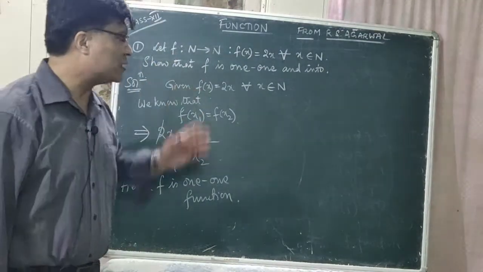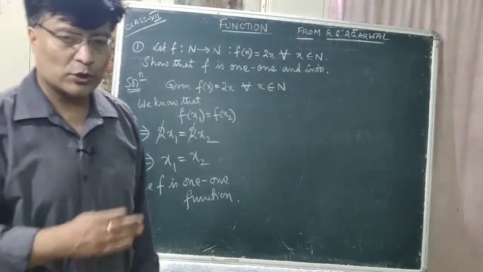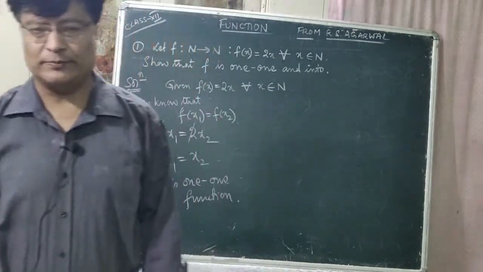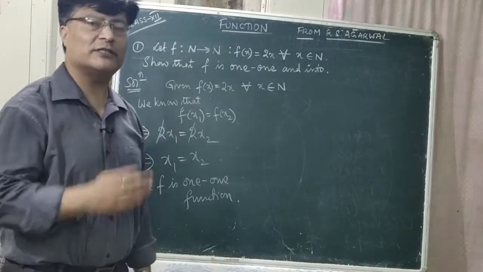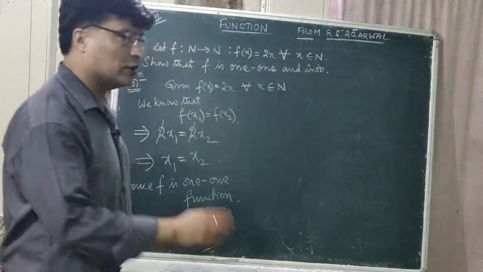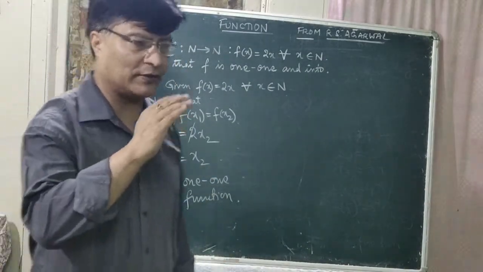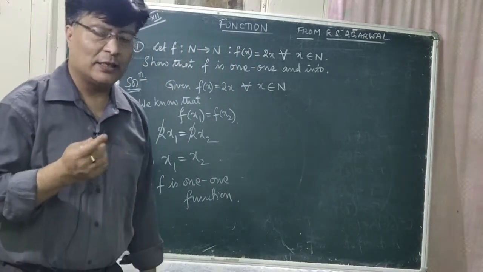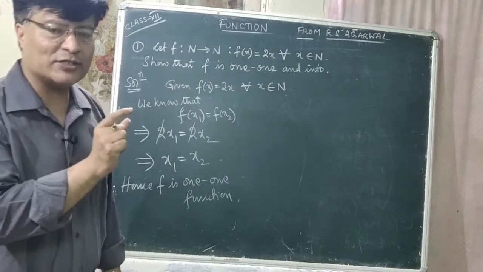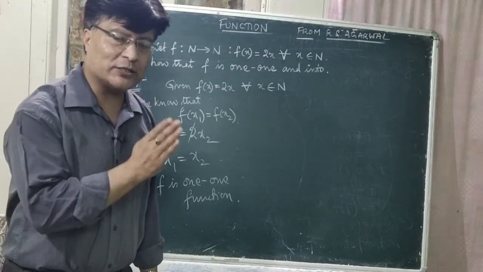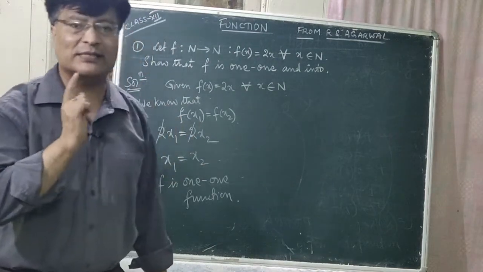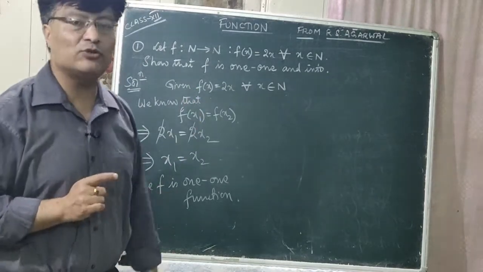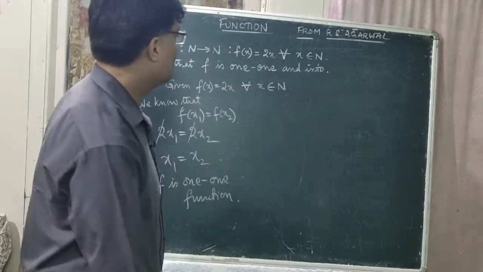Okay. Now let us prove into function. So what is meant by into function? If the function f such that A to B is there, so there are some elements in the set B which do not have pre-image in the set A. That is known as into function, isn't it?